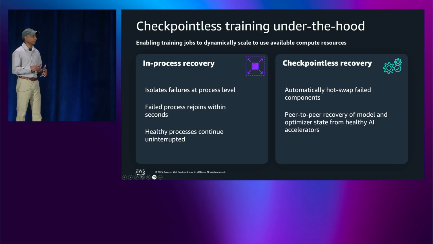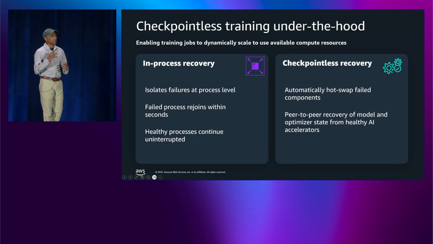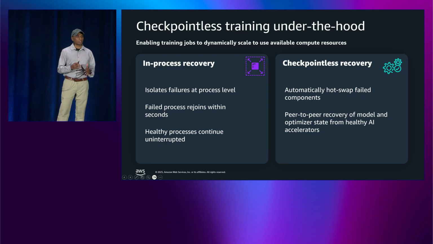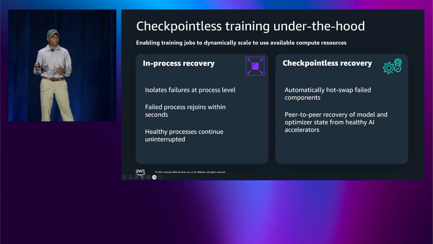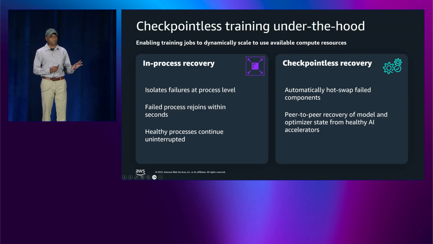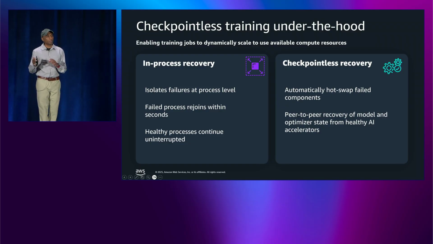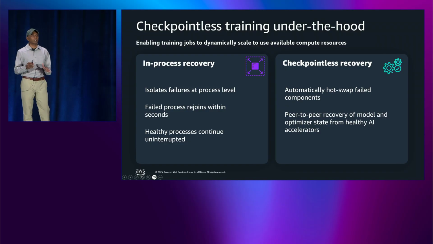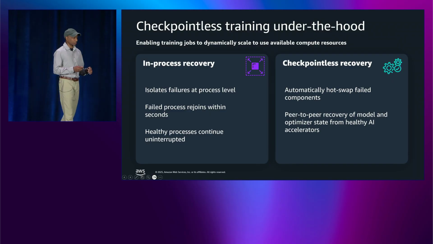With our system, we are replacing the failed processes with hot spare processes, and we do not touch the healthy processes. We leave them alone with their states. These spare processes join the training, and they continue to train with minimal interruption.